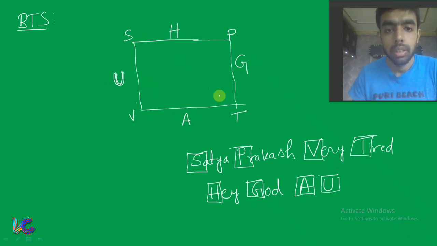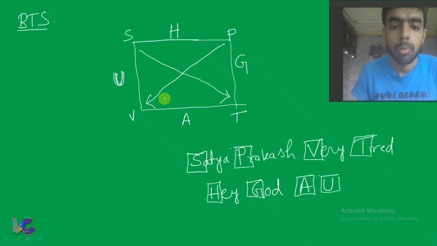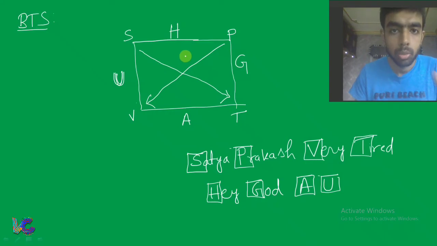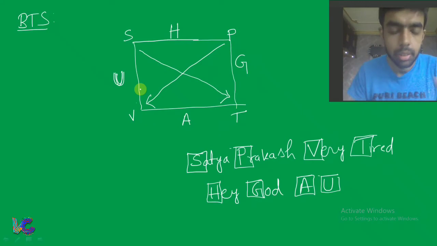SPVT HGAU. Like this you have to remember. And there are two arrows. One arrow is from S to T and the other arrow is from P to V. So this is the Born thermodynamic square that you have to remember through this technique: Satya Prakash very tired, hey God AU, SPVT HGAU, and there are two arrows, one from S to T and the other from P to V. Fine. Okay.